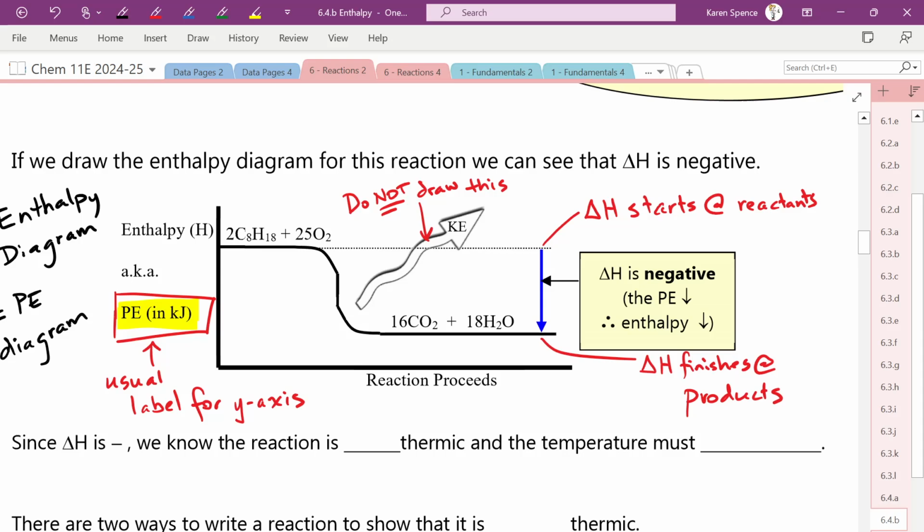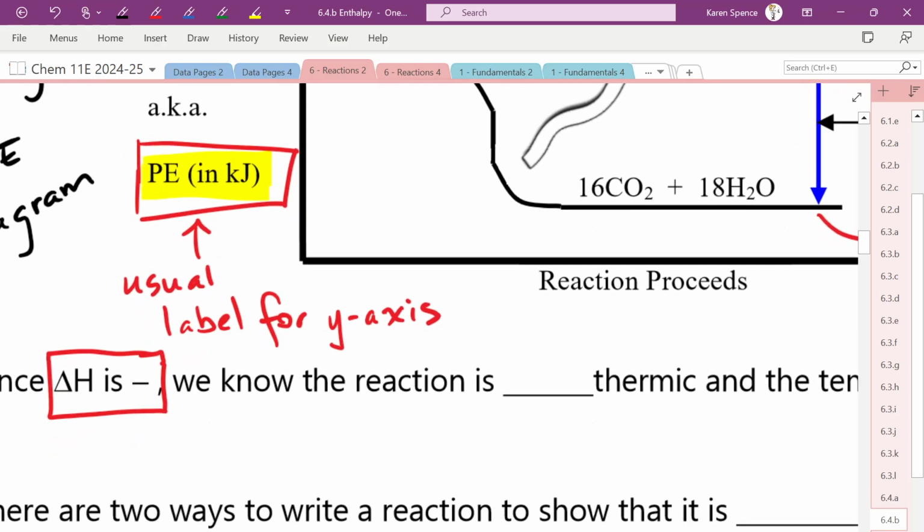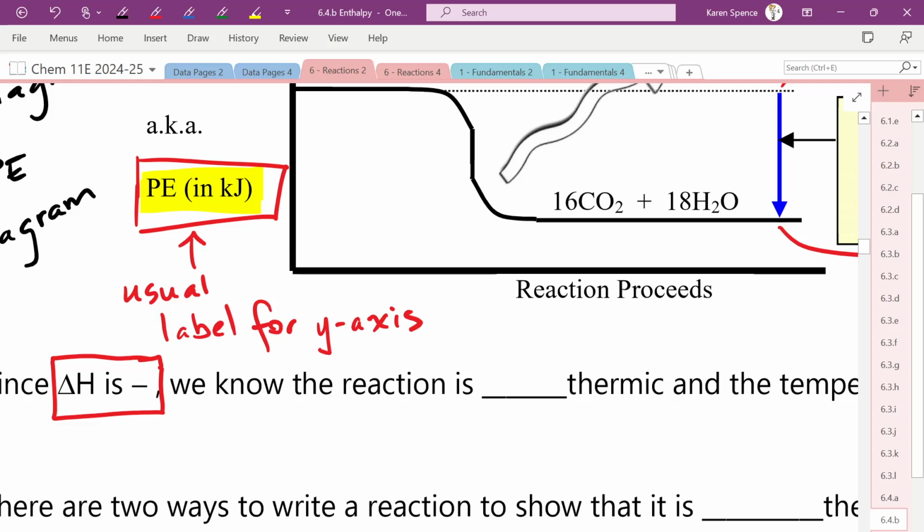Since delta H is negative, what kind of reaction do we have if delta H is negative? Exothermic. And if you ever have problems remembering that, if you see a negative delta H and you're like, is that endothermic or exothermic, because your brain has just done a little glitch, you can draw yourself a little diagram.